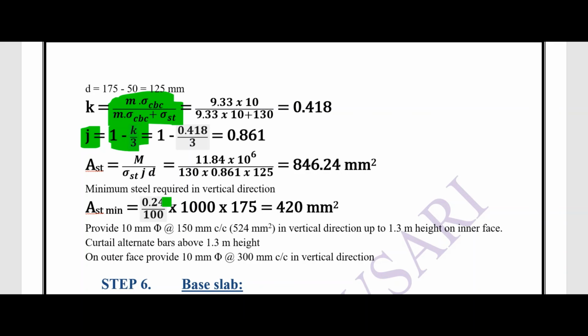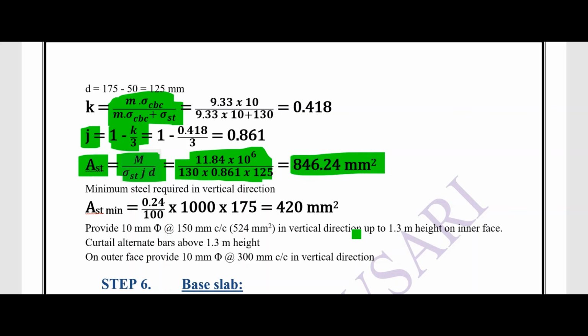By this equation we found the design constants. Then we have AST, where the equation is M divided by sigma ST into J into d. Now put all the values in this equation and we found AST is 846.24 mm square. So minimum reinforcement required in the vertical direction is 420 mm square.